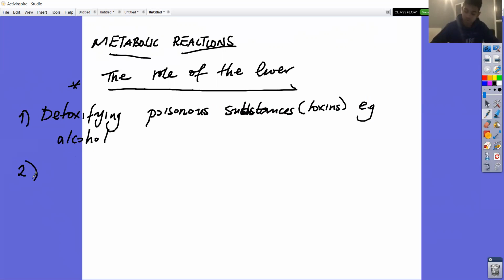Okay? Or ethanol. Secondly, it passes breakdown products. So when it breaks things down, it passes these products into the blood.